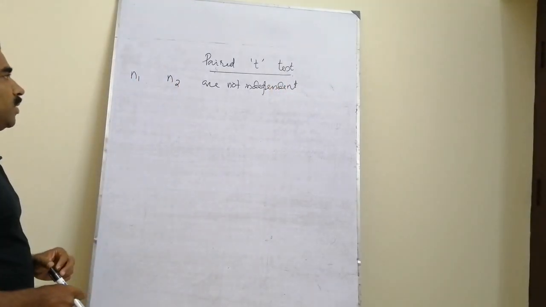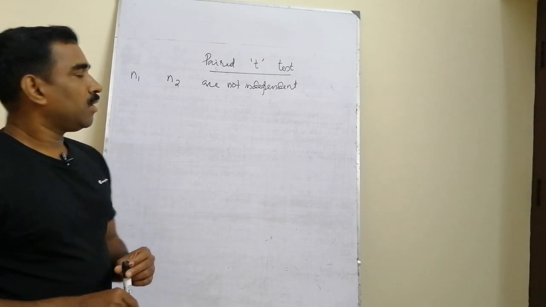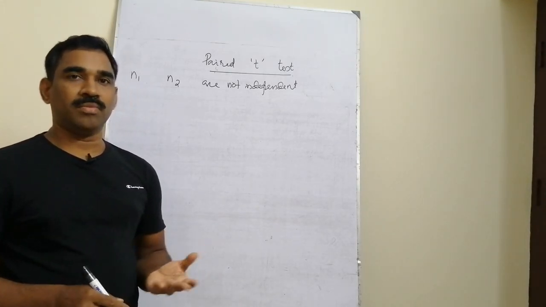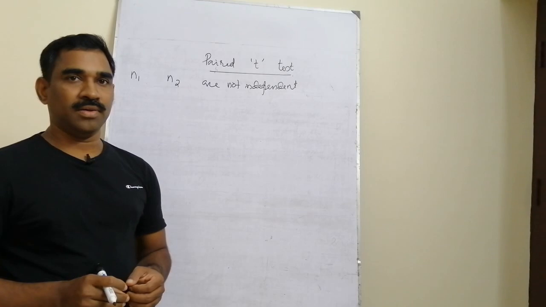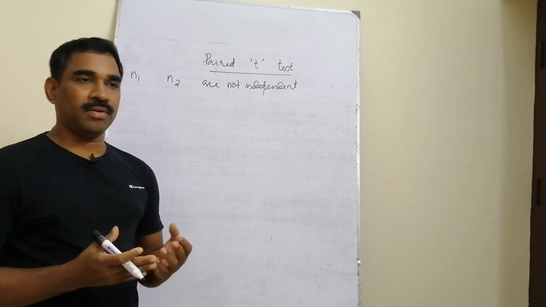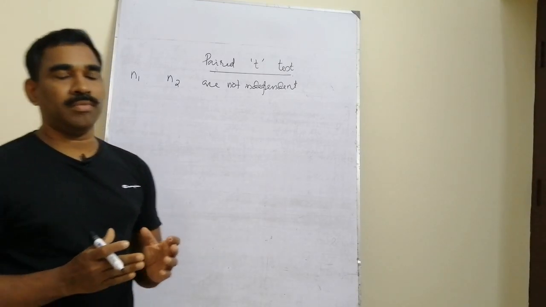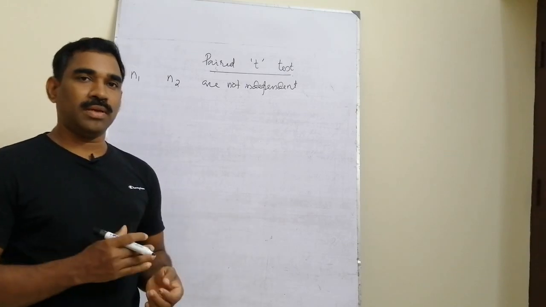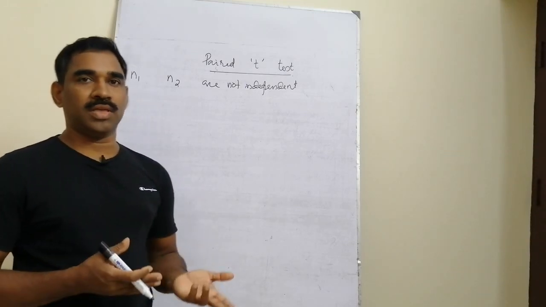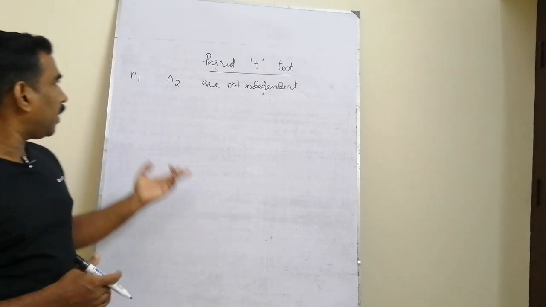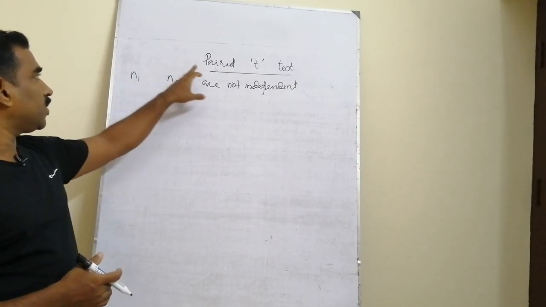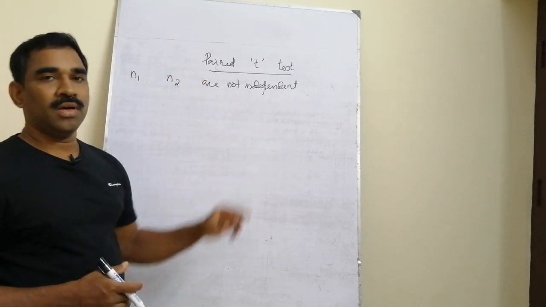As an example, suppose we are measuring the data before and after some test is implemented, measuring the same data on the same person or same number of persons before the test is implemented and after the test is implemented. So the data may not be independent. Such observations are called paired observations.